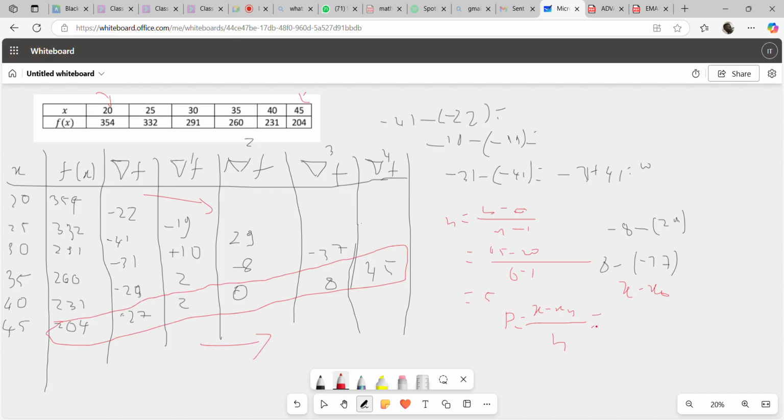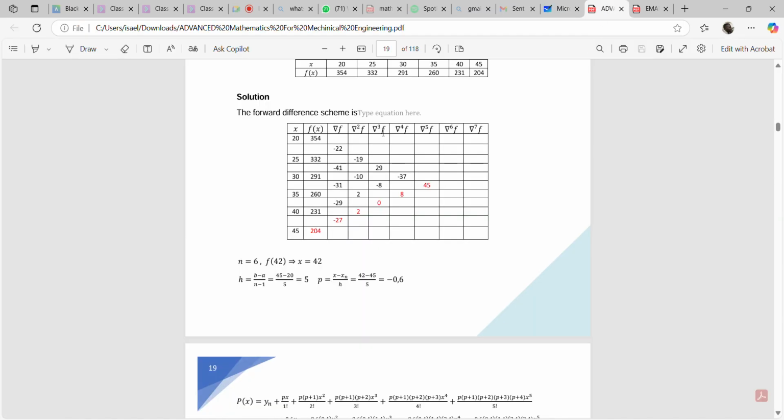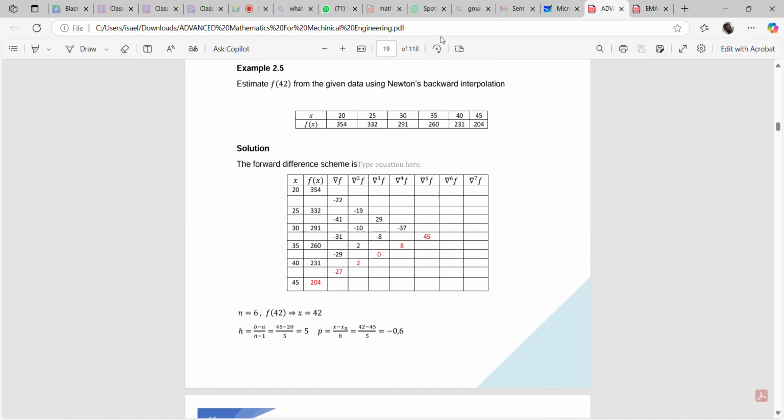Now what is Xn? Xn is simply the last value here. So what is X? X will always be provided in the equation that they want you to find. In this case, X was given as 42.